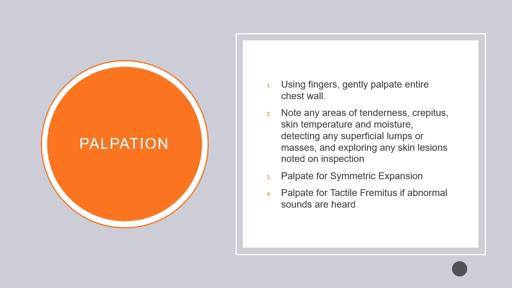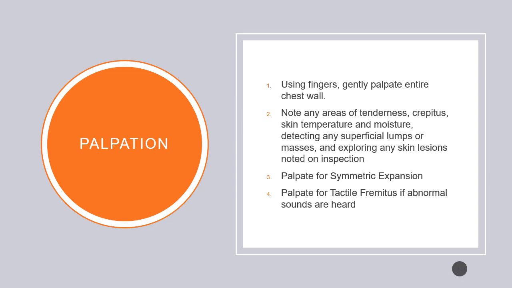So if you hear something that sounds very rhonchorous, or maybe some crackles or wheezes in just one area, and you put your hand over that while the patient's breathing, you might feel some increased vibrations in that one area, and that would be an indication that there's a pneumonia or consolidation there. You have decreased tactile fremitus over areas where there's decreased airflow, such as obstruction, pleural effusion, a pneumothorax, or emphysema.